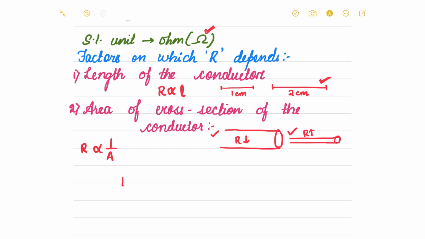Now we can combine these two and we can write R is proportional to L by A, where L refers to the length of the conductor and A refers to the area of cross section. So we can represent this equation in this way also.